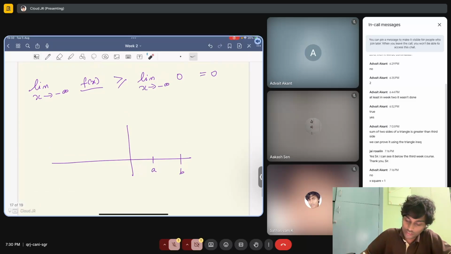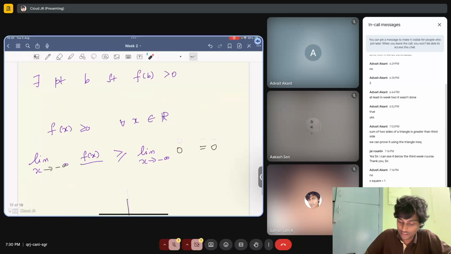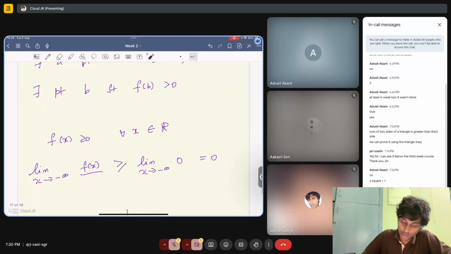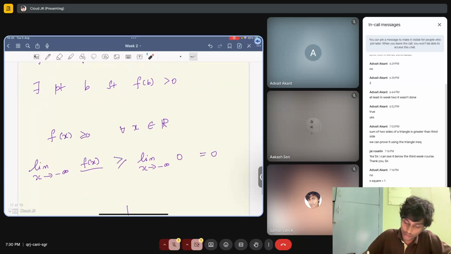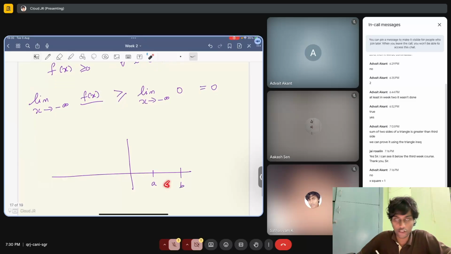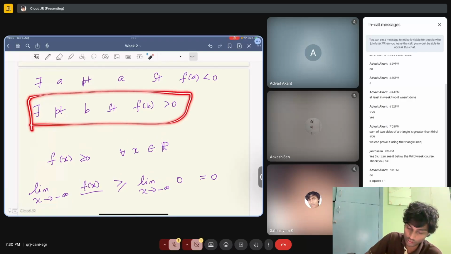See here also, I can, without loss of generality, assume that A is less than or equal to B. In general, there is no need that this A is less than or equal to B. But if you want, you have to modify this argument a little bit to make sure that you can get A less than or equal to B. So basically, let's say you first proved this.